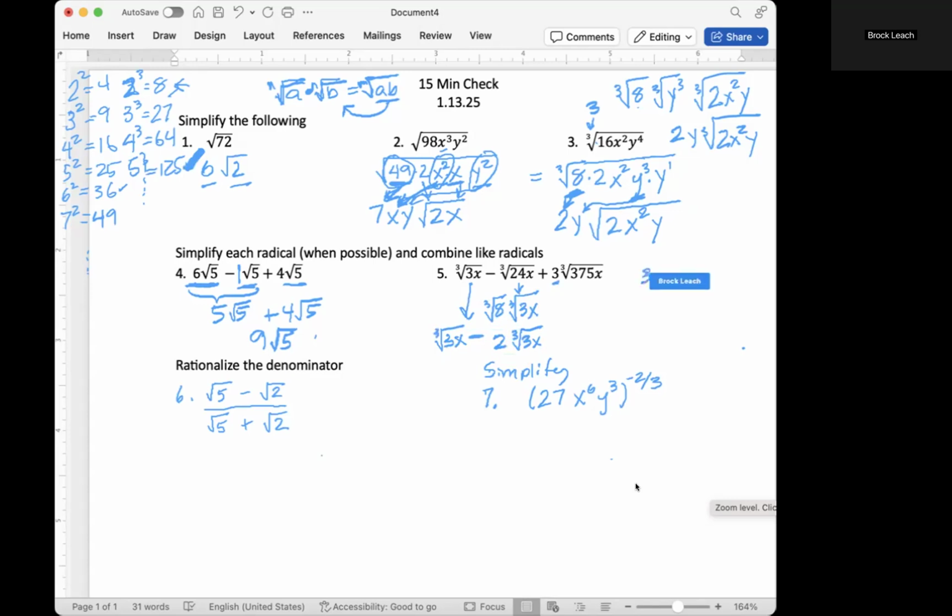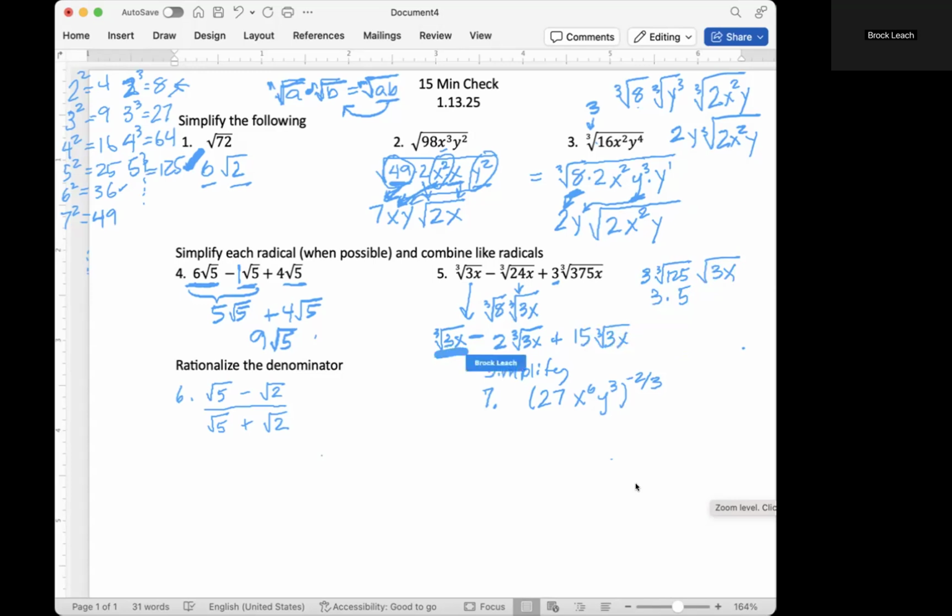So we have 3, and then I'm going to multiply it by the cube root of 125. And then what we're left with there is 3 times 125, and then that x that's there. This becomes a 5, so now we have 5 times 3. So that gives me plus 15 cube roots of 3x.